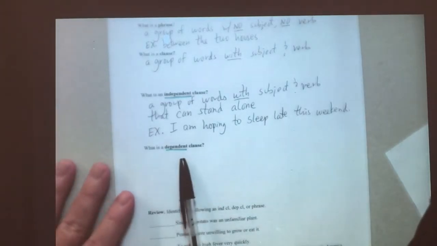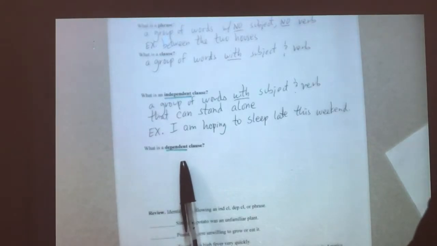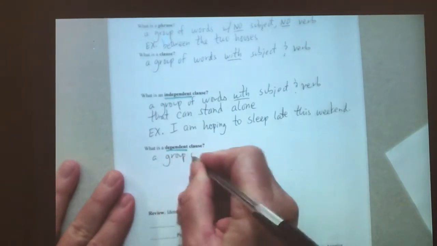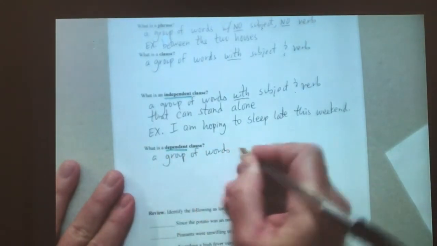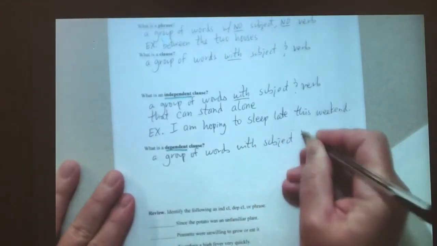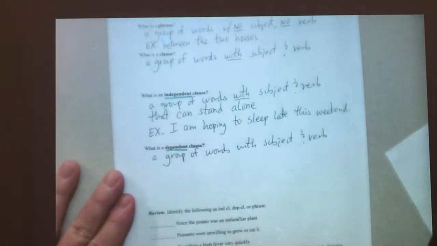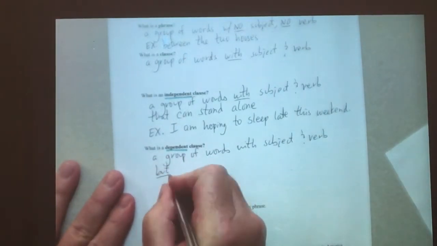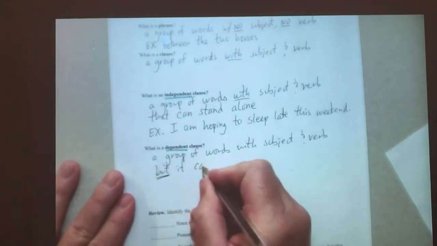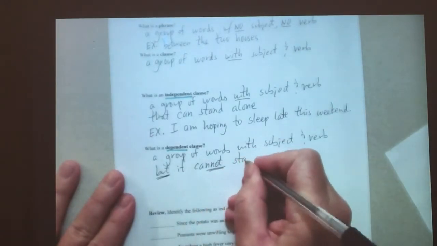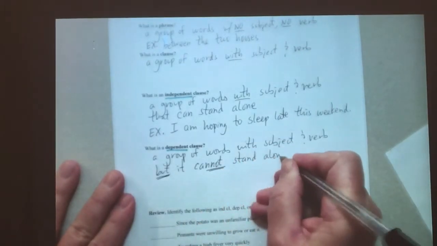Now, what's next is the dependent clause. So we'll take our understanding of the word dependent and apply it here to our definition, which is a group of words with subject and verb, but remember it's dependent. But it cannot stand alone.